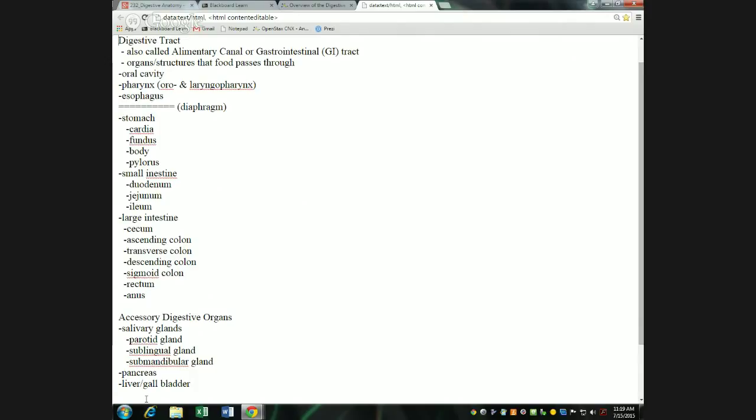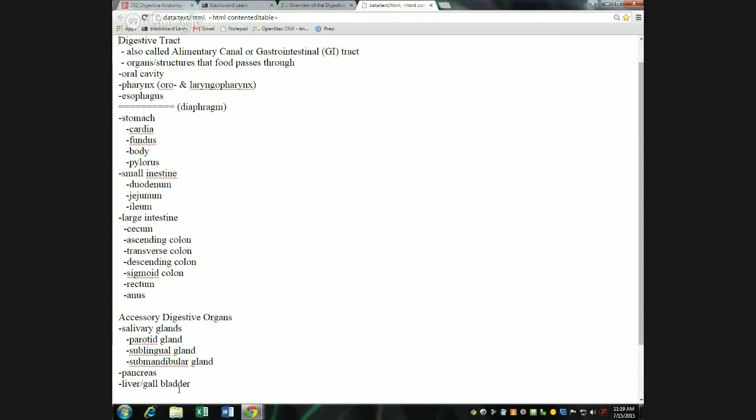The digestive tract also makes digestive juices. There's digestive mucus, which is not the same as respiratory mucus. It's much more watery. And in certain places, it's an important part of what the organs do.